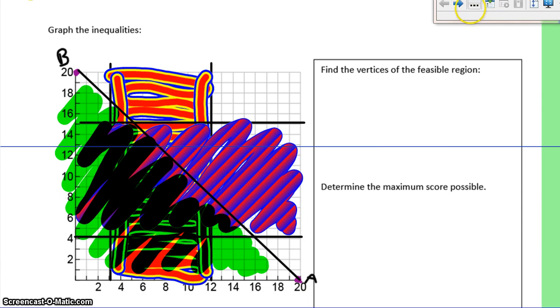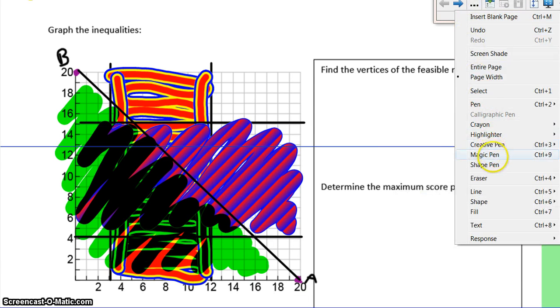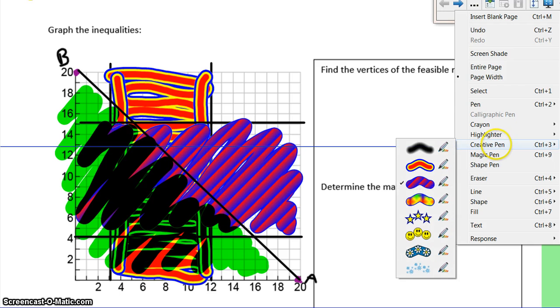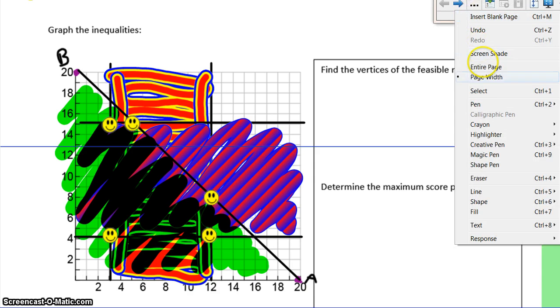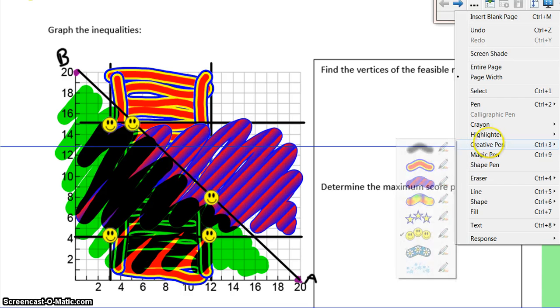Alright, so let's go ahead and touch this up as far as where is the shaded region for everything. I think the smiley faces worked well last time. So there's a corner point, there's a corner point, there's a corner point, there's a corner point, there's a corner point. So I want to shade everything in there.